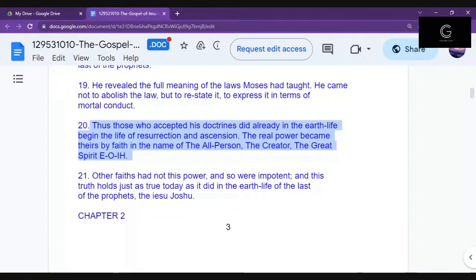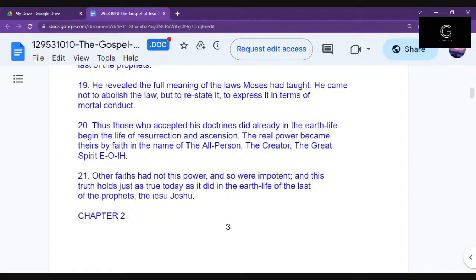Those who accepted his doctrines did already in the earth life begin the life of resurrection and ascension. The real power became theirs by faith in the name of the all person, the creator, the great spirit, Iesu.